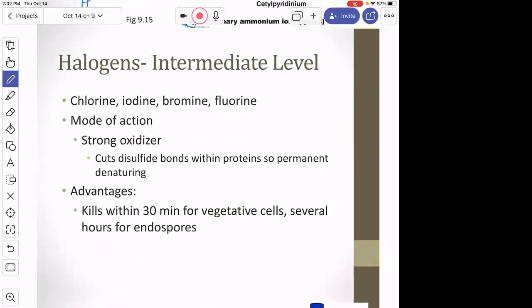Okay, so that's our only low-level chemical that I'm going to talk about. There are some other ones in your book, like the use of heavy metals and phenols. Phenol used to be considered a gold standard. Like that was the disinfectant that everybody used for everything. It was the one that Lister would spray in the operating room to cut down infections. But when he sprayed phenol in the air and had doctors wash their hands in phenol, it made doctors' fingernails fall out.